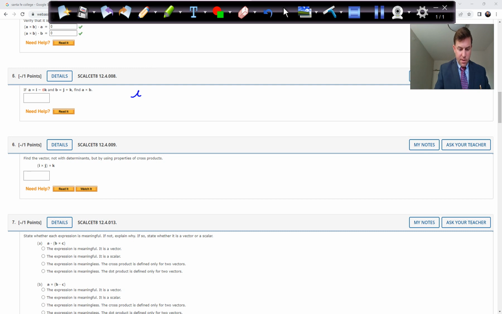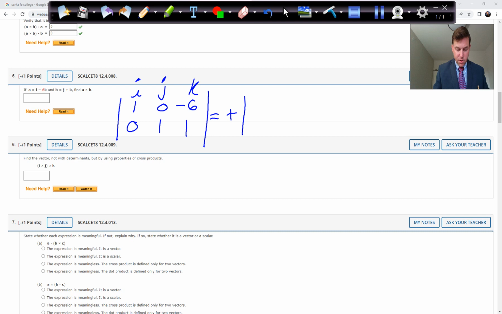We do i, we do j, we do k, and then A is 1 in the i. There's no j written, so 0, minus 6 in the k. The B vector, there is no i, so 0. The j component is 1, the k component is 1. And that's going to give us plus a determinant, minus a determinant, plus a determinant.